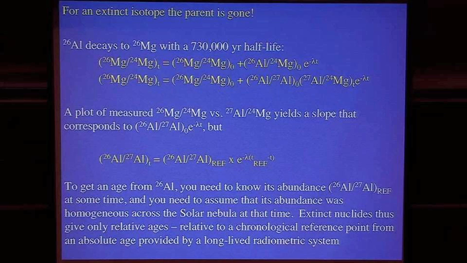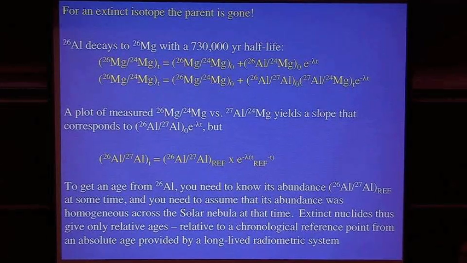So there are two things that are important in working with extinct nuclides. One is that you need to have a reference, and you need to know it reliably, and you need to correlate this with some age that can be determined by some other means. And we'll see that that's almost always the uranium-lead absolute age dating system. The other thing that you need to know is that this isotope was homogeneously distributed in the solar nebula.